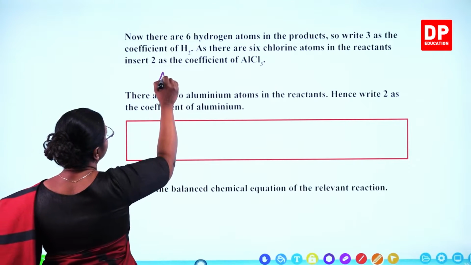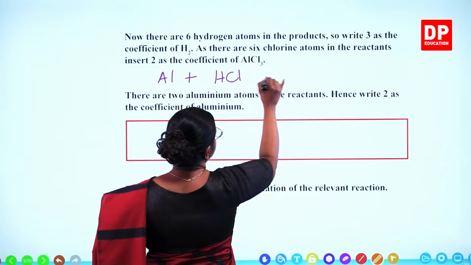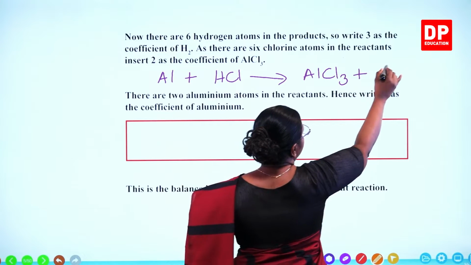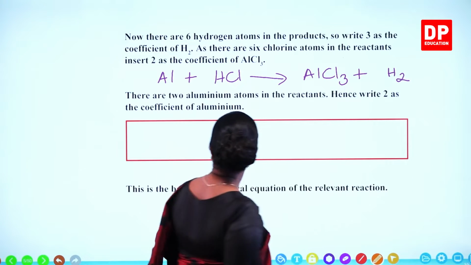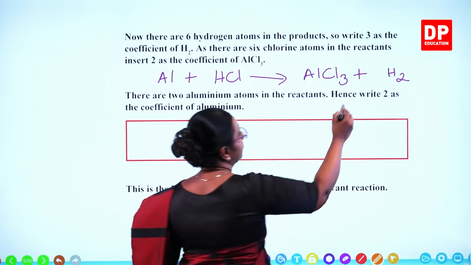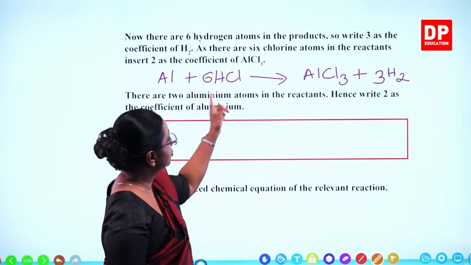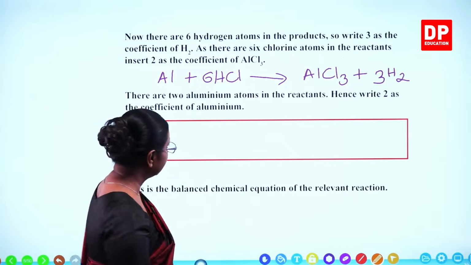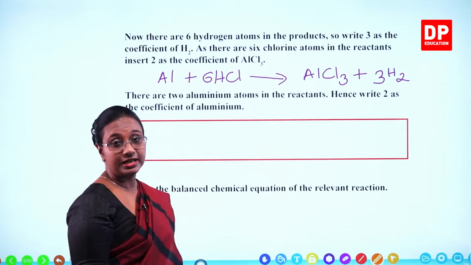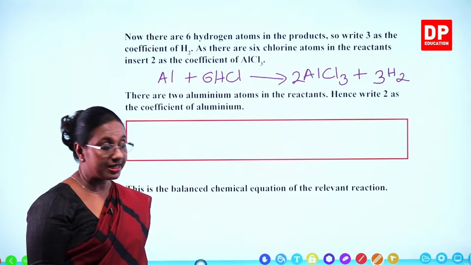We had aluminium and then we had HCl, we had AlCl3 and we had H2. Since we had 6 hydrogen atoms, we put a 3 there. So here we had 6 HCl. To balance that, we put a 3 there. Then what did we do? Because we had 6 chlorine atoms, we had to put 2 there, 2 AlCl3.